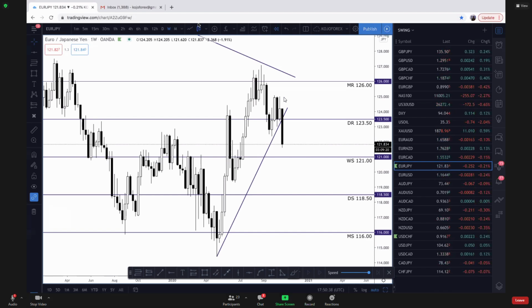It's somewhat surprising how it reacts around my levels. 116 trades all the way up to 126 and then reverses back again. I cannot tell you that I have some magic potion to define why the market is doing that, but all I know is that it does work, and that's why I keep using them.